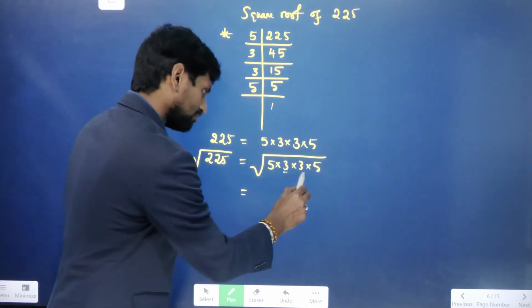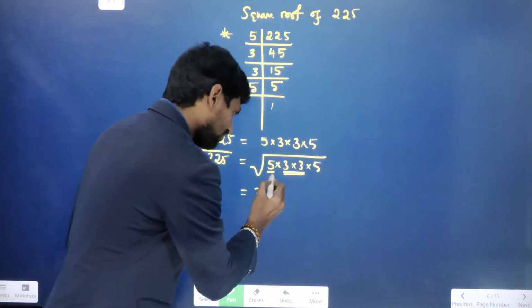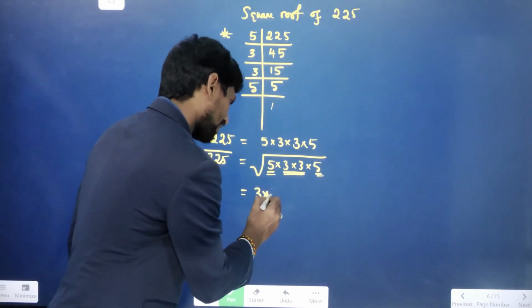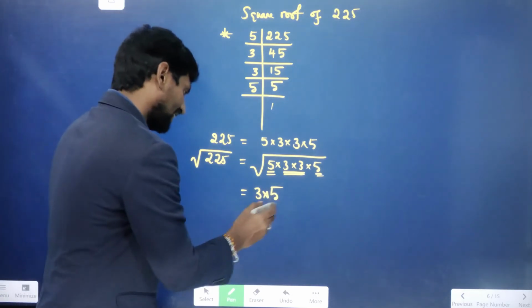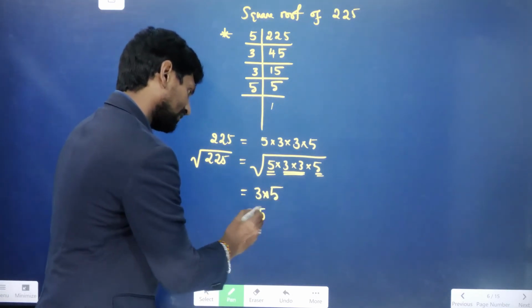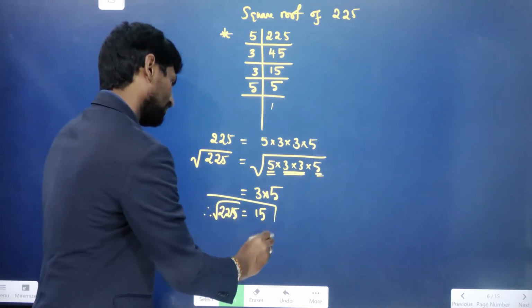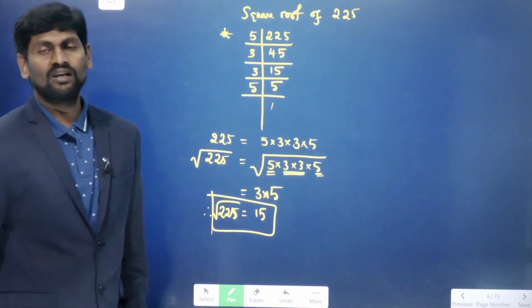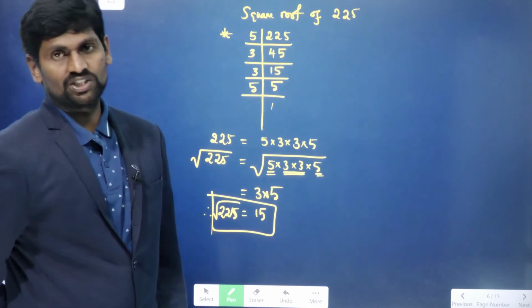Square root cancels. From the pair of 3s, one 3 will come. From the pair of 5s, one 5 will come, without the root. So 3 into 5 is 15. Therefore, square root of 225 is 15. This is the prime factorization method to identify the square root of a number.